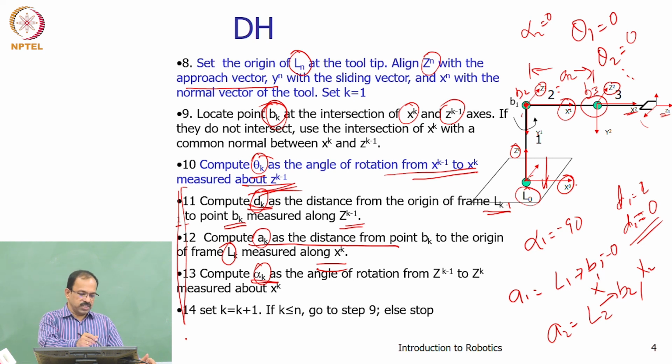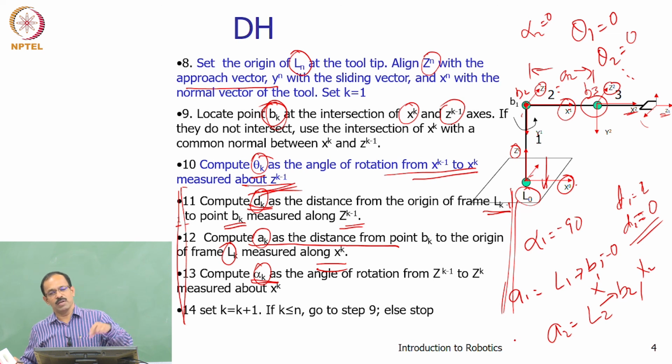Please go through this. You may find it a bit complex by looking at it, but once you understand the basic principle, you will be able to get it very easily. Just by assigning coordinate frames, you will be able to get the parameters.